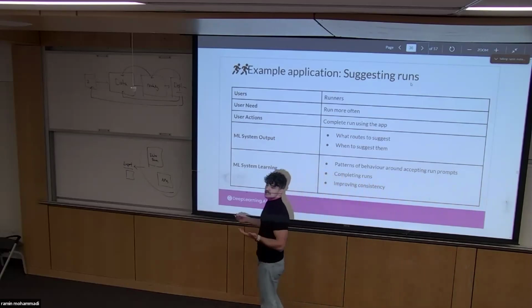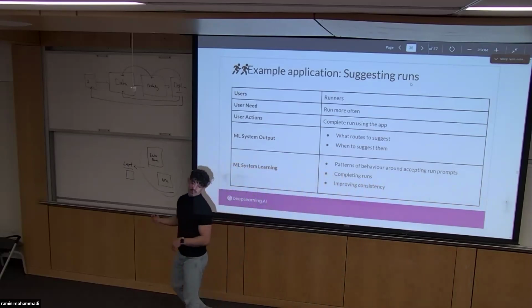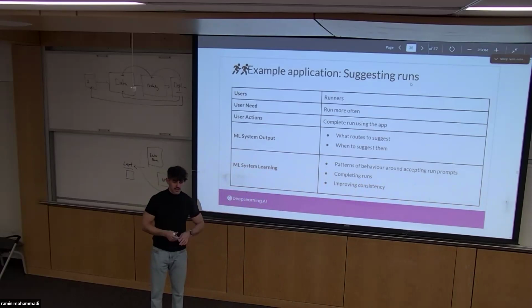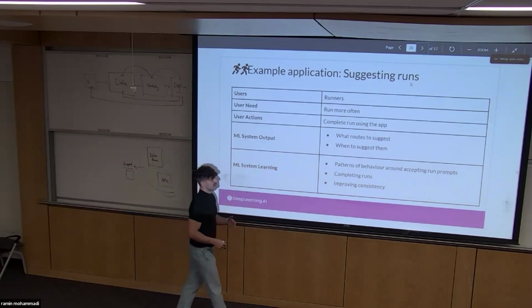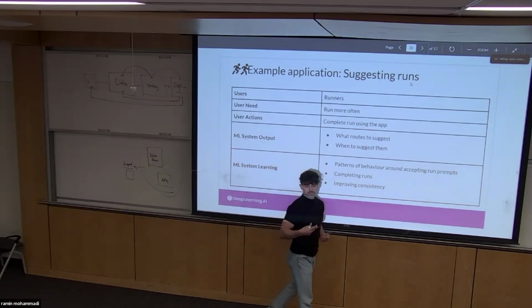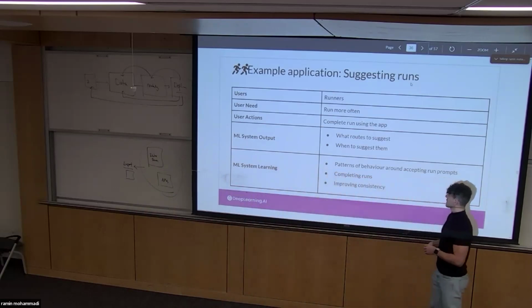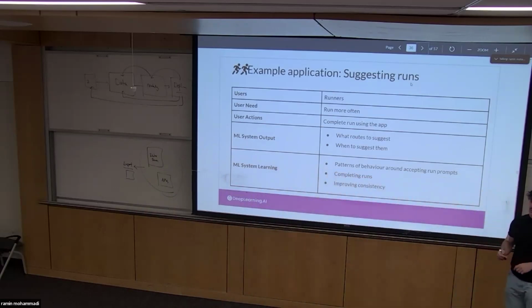And the user doesn't accept it, the user rejects it. And you do that maybe another day and the user rejects it. Maybe you need to learn that this time of the day that I'm offering to the user, maybe they cannot go on the run at this time of the day. So your model should be able to learn that feedback from whatever the user is giving, completing the run or not completing the run. If you offer a user a run, they start the run and they complete it, maybe that's a good sign.